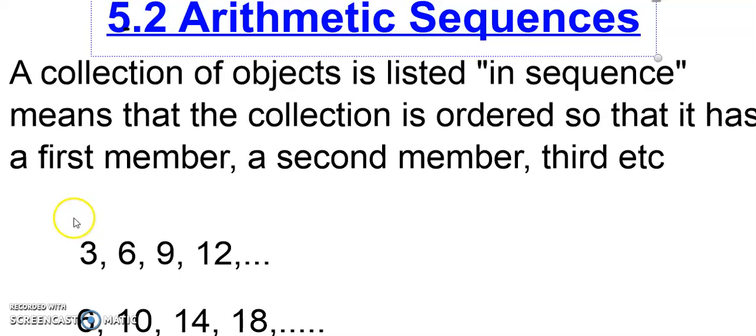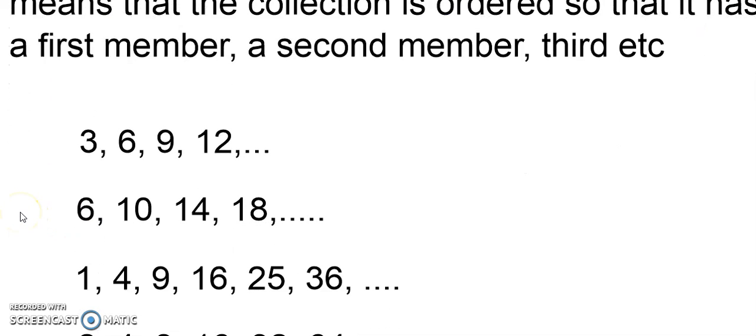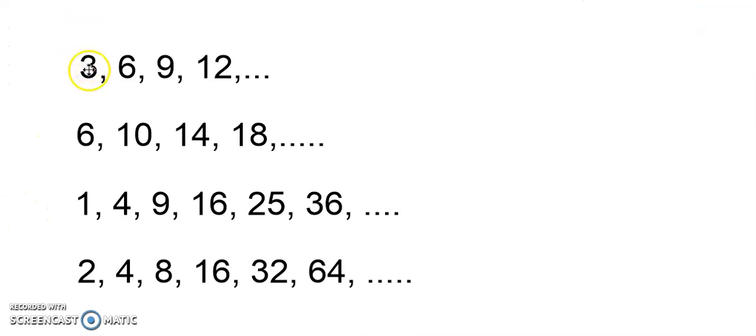So, if we were looking at these sequences down here, our first member would be 3, second member 6, third 9, fourth 12. Next sequence, first would be 6, second would be 10, third would be 14, fourth would be 18, etc. All of these have a term number, and then they also have an actual number associated with that spot in the sequence.